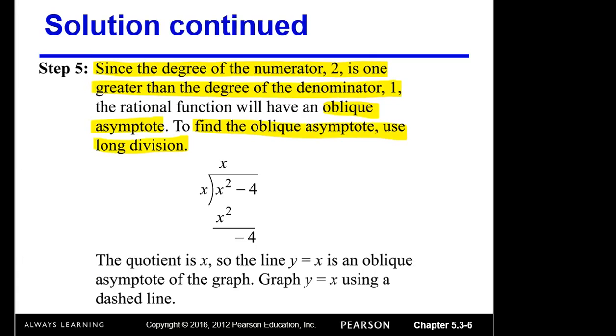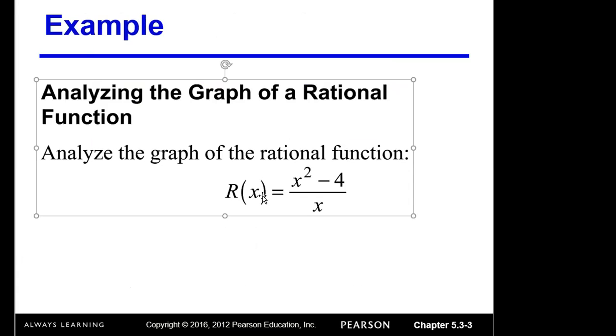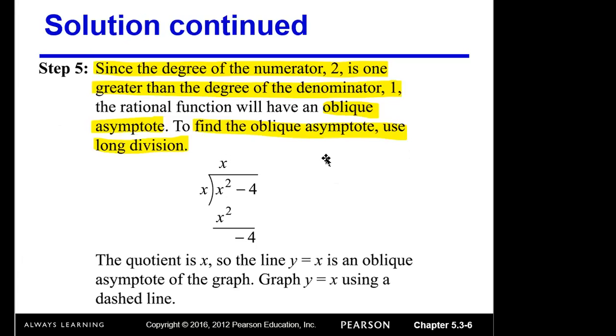So my function was x squared minus 4 over x. The degree of the numerator is 2, and the degree of the denominator is 1. If there's a difference of 1 between those two, you're going to have an oblique asymptote. And to find it, you're going to have to do long division.